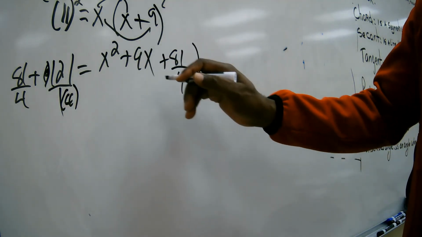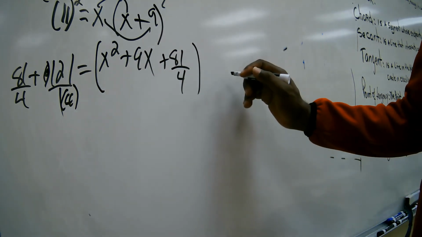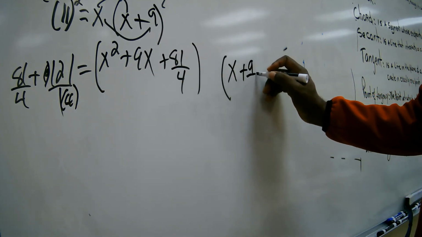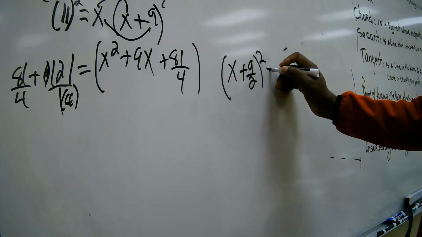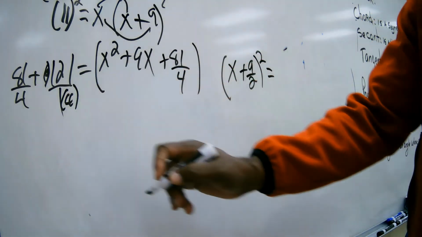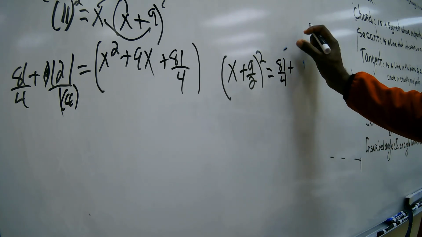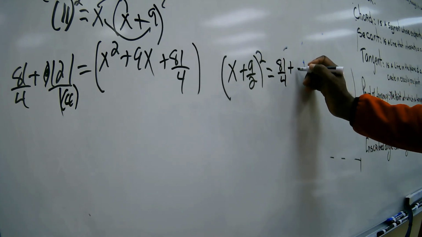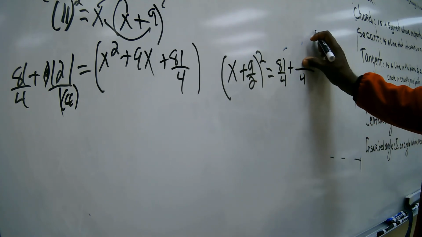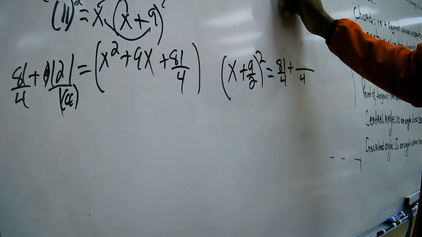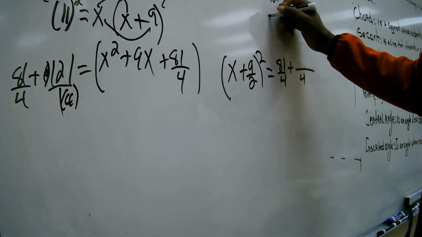So this part, we're going to rewrite as a trinomial. That will be x plus 9 over 2 squared. And the only thing we have to simplify is that it will give you 81 over 4, plus your denominator will be over 4. Then we will take 121 multiplied by 4 to get the denominator.